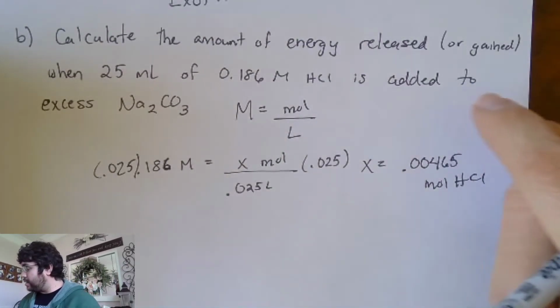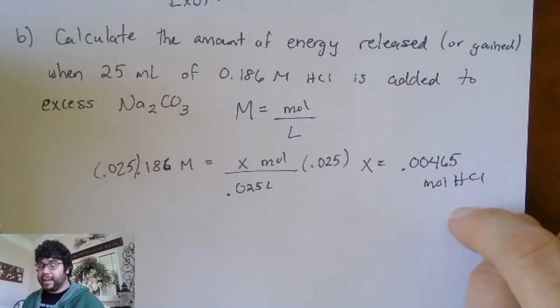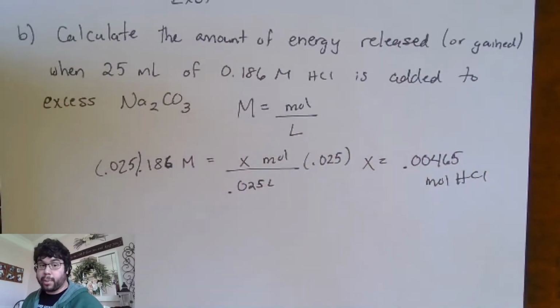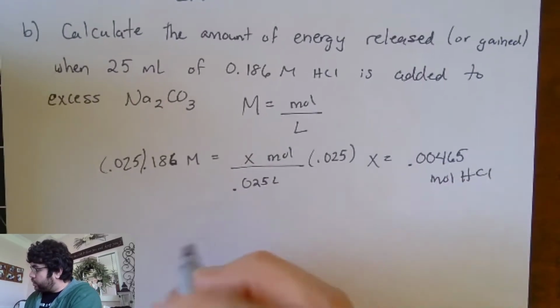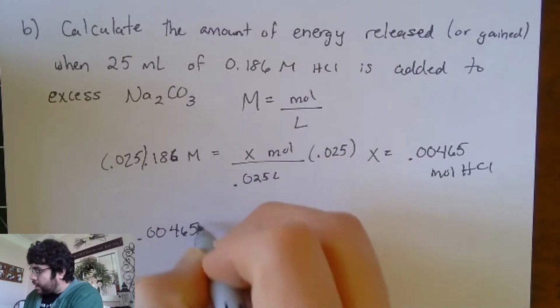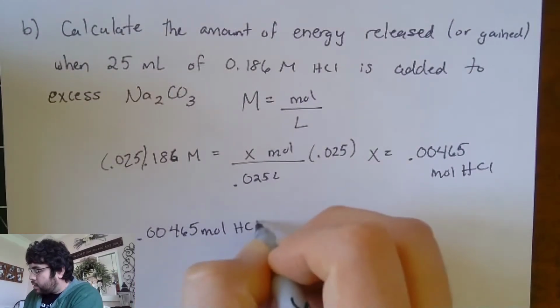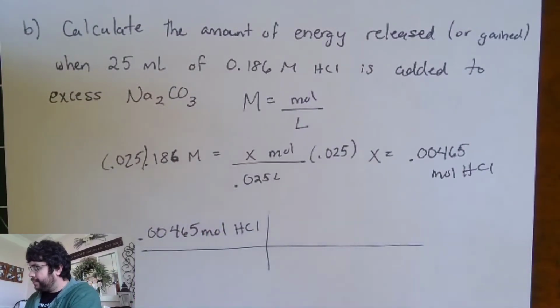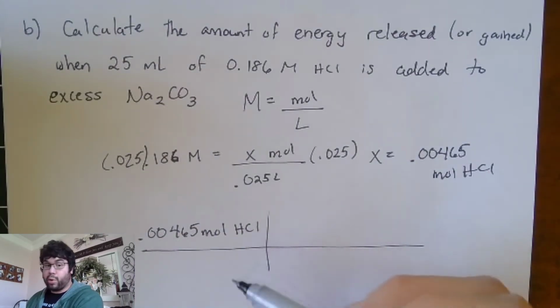And they tell us basically that this is the limiting reactant because, well, we have excess sodium carbonate. So the HCl's got to run out first. So let's go ahead and do the stoich. 0.00465 moles of HCl. All right. And now this is the part where I'm going to convert from moles of HCl to moles of reaction.